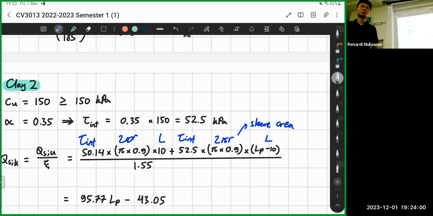Then you divide by the model factor. You always divide by the model factor, by the way, because soil is unpredictable. That's why they always divide by this model factor.